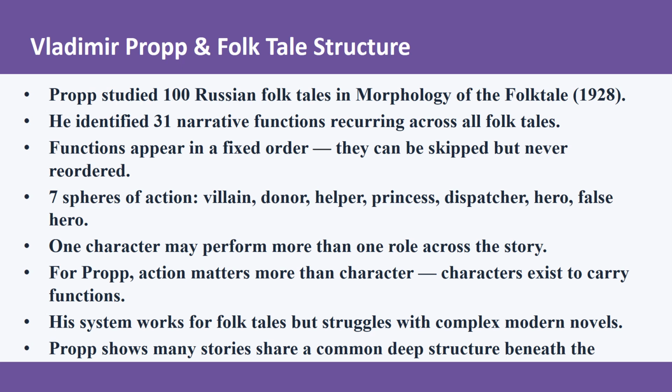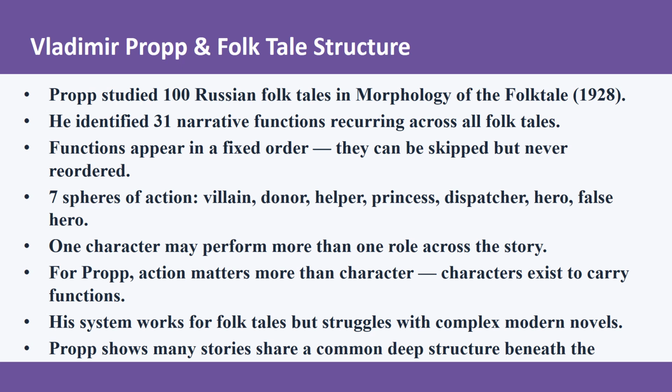For example, in many tales, a villain first gathers information about the hero, then tricks the hero, then harms someone. Later, the hero receives help, often magical, fights the villain, defeats him, and finally marries and becomes king. A story might skip some steps, but it cannot change the order.